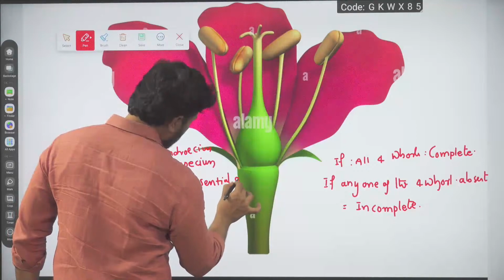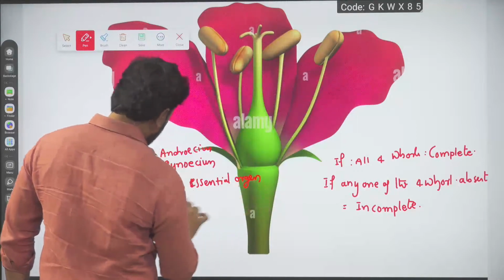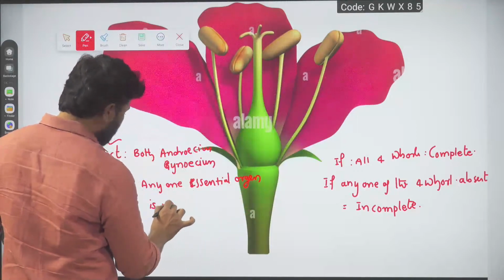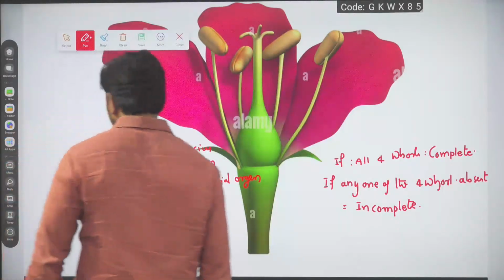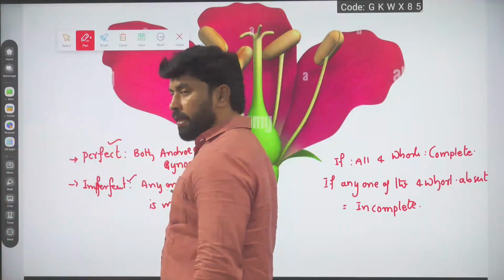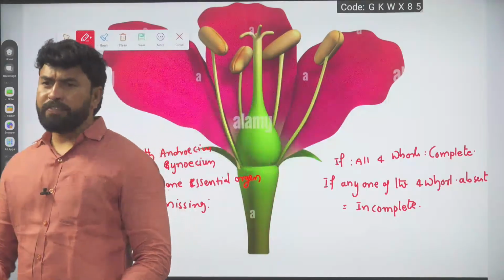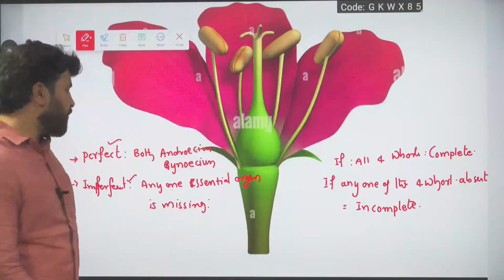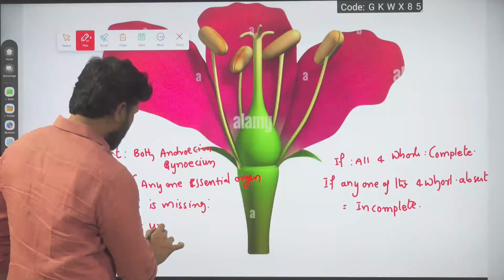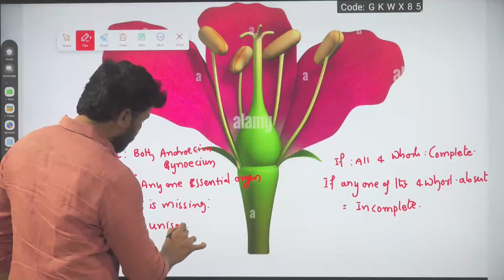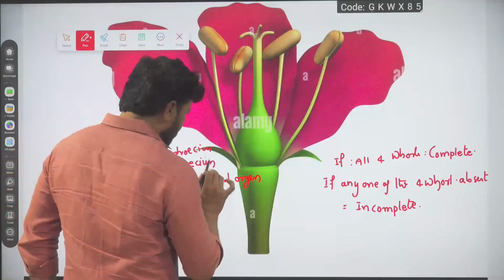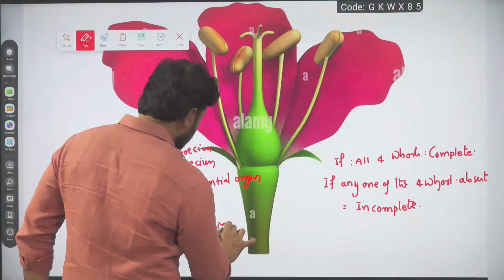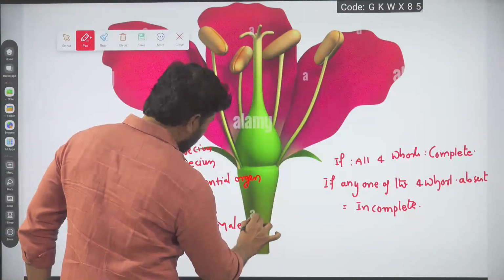Generally, imperfect flowers are unisexual flowers. If they have only androecium, they are male flowers or staminate flowers.